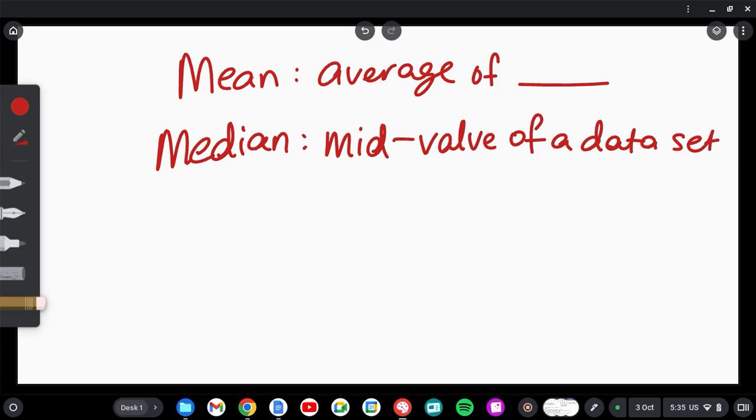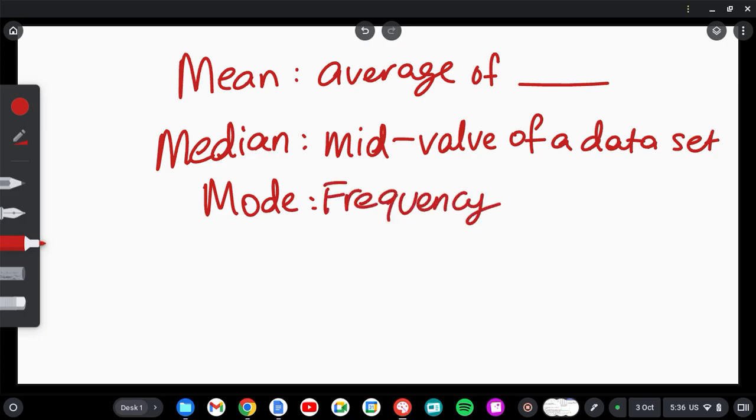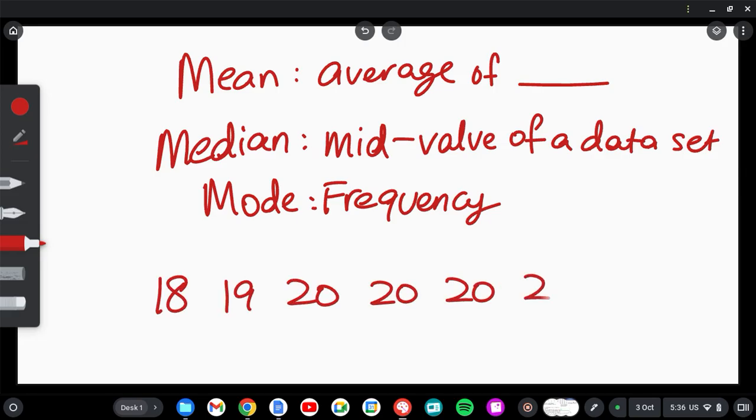And the last one is mode. What is mode? Mode is the frequency. How often does it occur? So for example, if I have 18, 19, 20, 20, 20, 21, 22, 23, what is the mode number? 20. How many times did it occur?